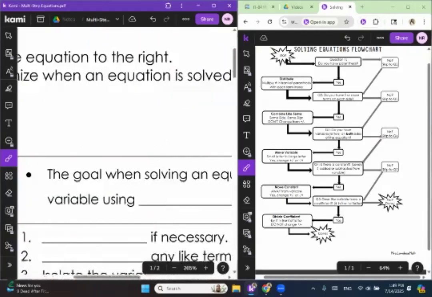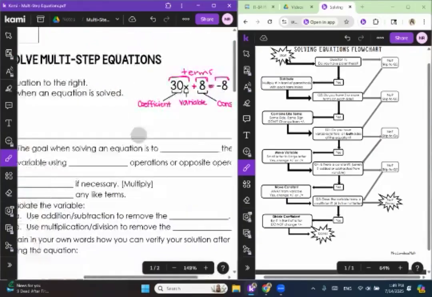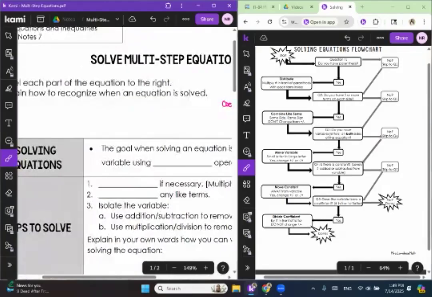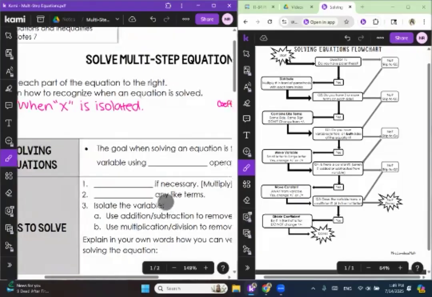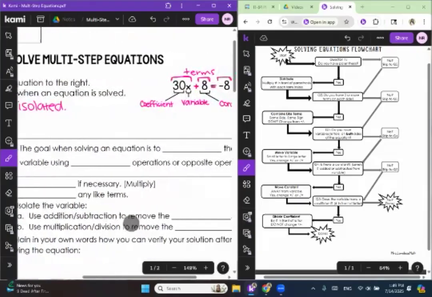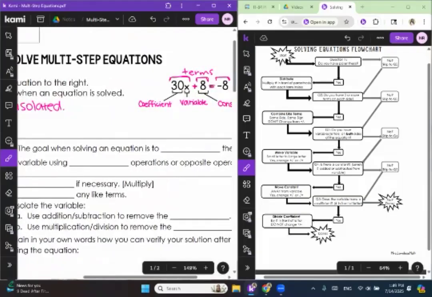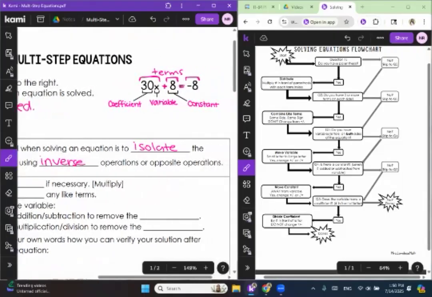Okay. How do we know when it is solved? We know when an equation is solved when the letter is by itself, when x is isolated. So solving equations, the goal when solving an equation is to isolate the variable, isolate the letter, using inverse operations or opposite operations.